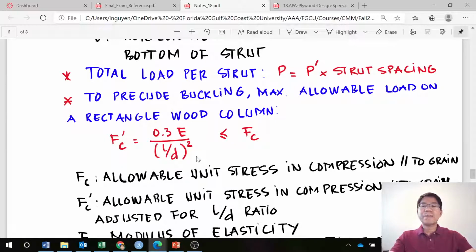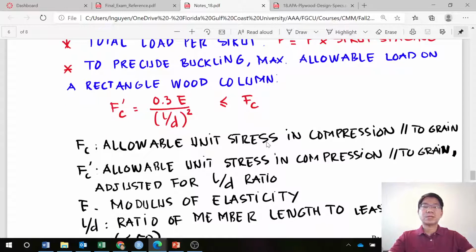Similar to that, we have here 0.3 for the wood, 0.3 times E, the modulus of elasticity, divided by (L/d) squared, where L/d is the ratio of the length of the strut or brace over the smallest cross-section dimension d, and this has to be less than Fc, the allowable stress in compression.